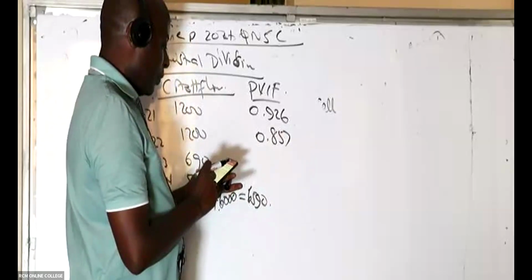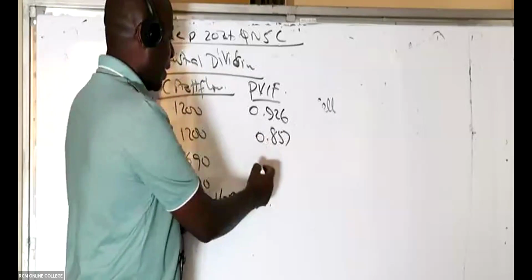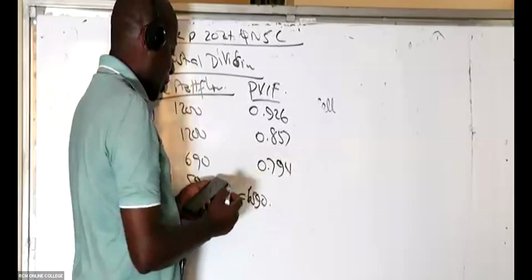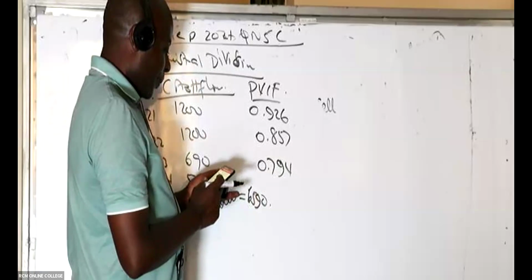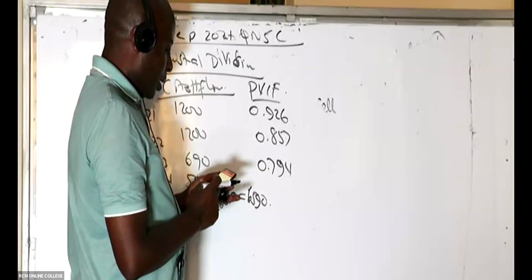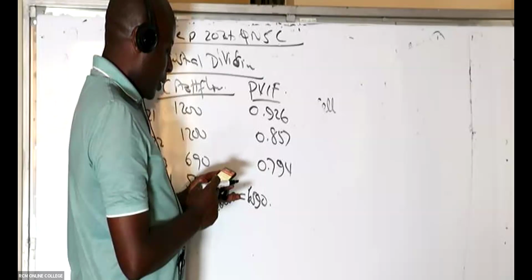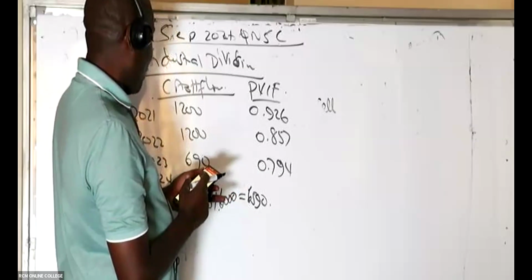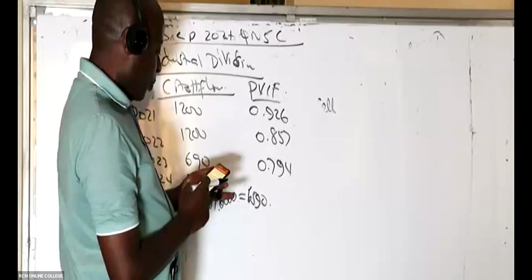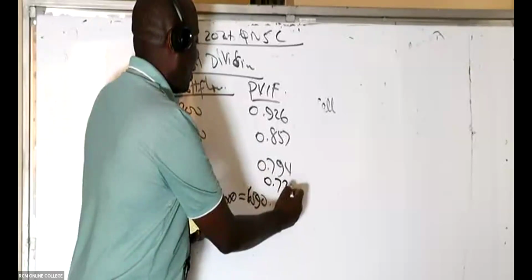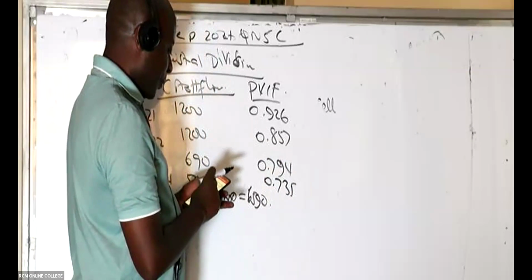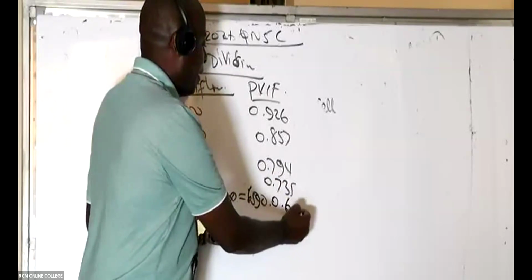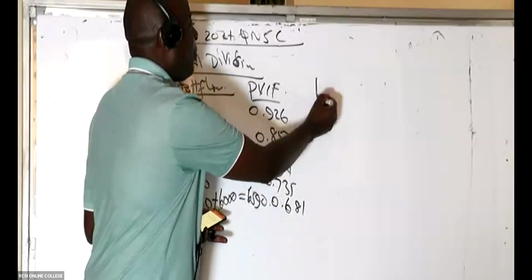Then we have 0.794. Then 0.735. And then lastly, we have here 0.681. And then you give me the present values.